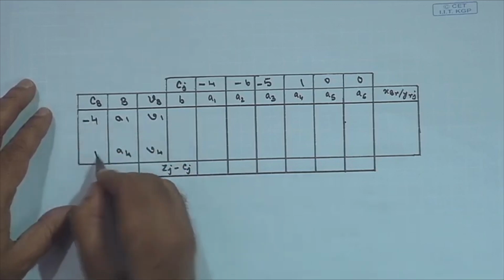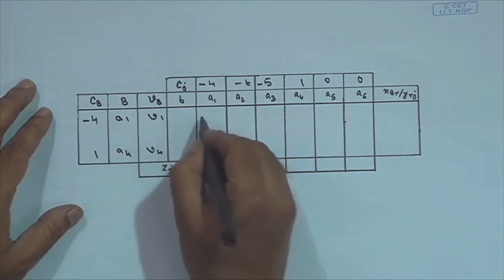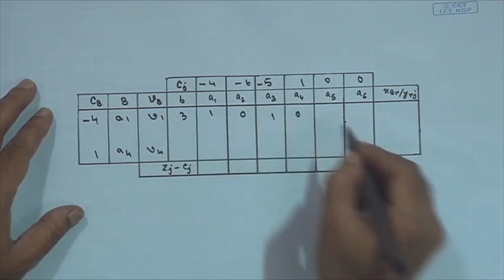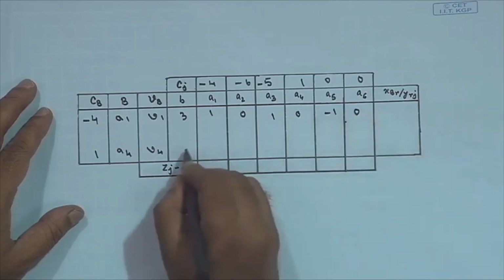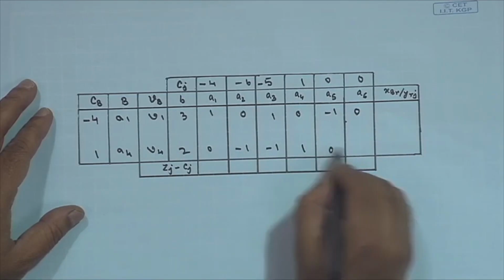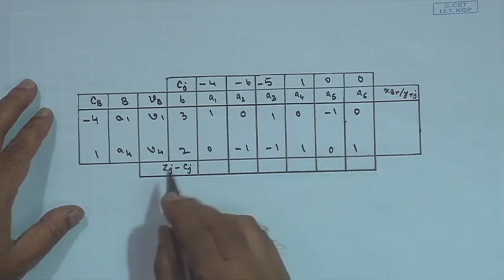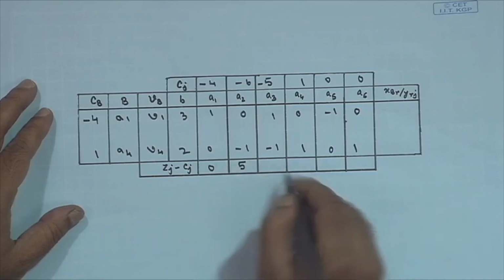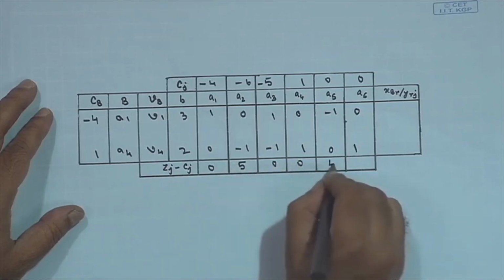This is minus 4, this is 1. So, it will remain the same: 3 1 0 1 0 minus 1 0, this will be 2 0 minus 1 1 0 and 1. If you calculate the Zj minus Cj value now, it is 0 5 0 0 4 1.